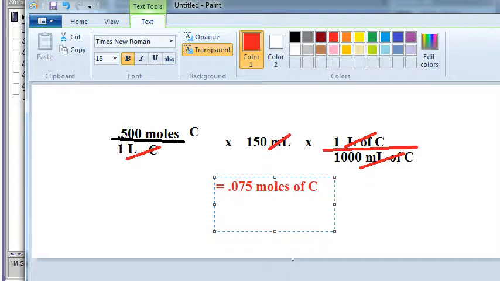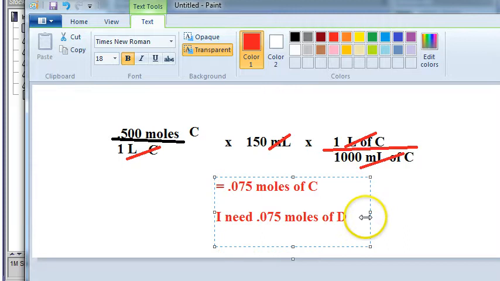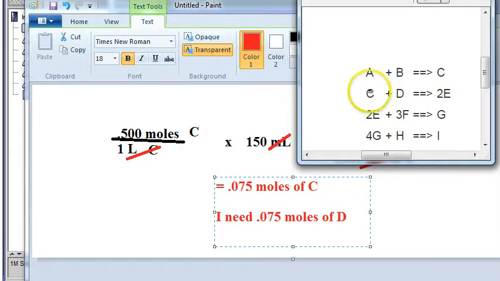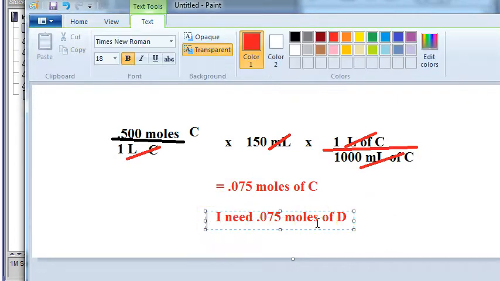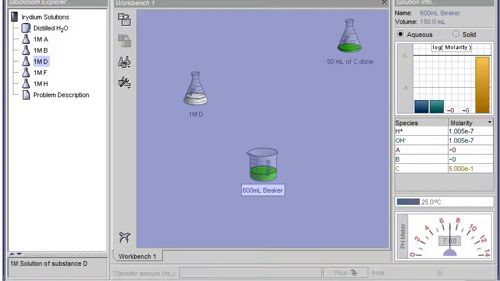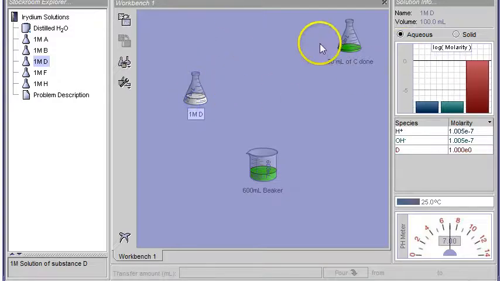That means I need the same amount, 0.075 moles of D. Does that make sense? Just in case it didn't, it's because for every 1 mole of C, I need 1 mole of D. Alright? So now I need to calculate how many milliliters it takes to get 0.075 moles of D. Now, what is the molarity of D?